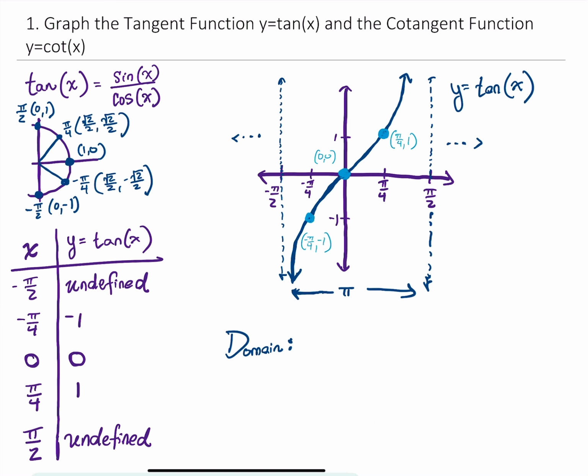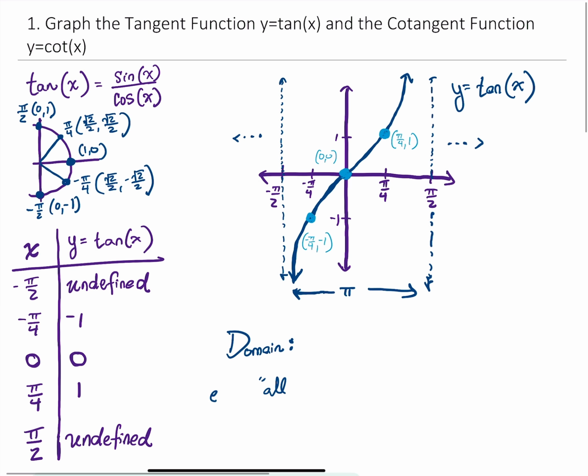So how do we write this? We're trying to say everything except all odd multiples of pi over 2. How can we describe that mathematically? Well, let's come up with an expression for odd multiples of pi over 2.